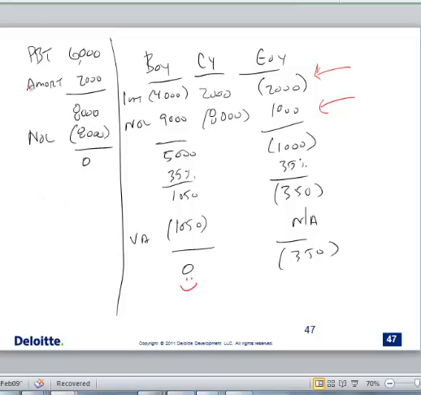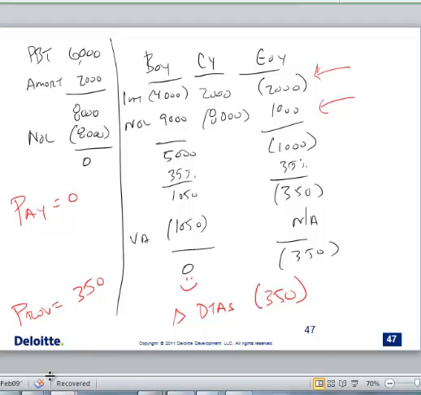Because your payable here was 0. Your change in deferreds was a net 350 credit, which means your provision is a $350 debit.